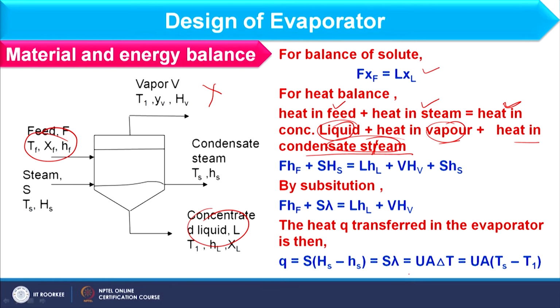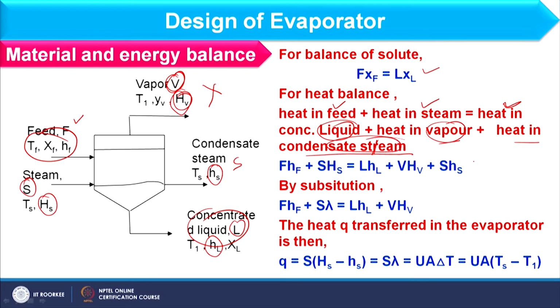So, when you make the balance, the first term should be F HF plus S HS, and that should be equal to V HV plus S hs plus L HL.